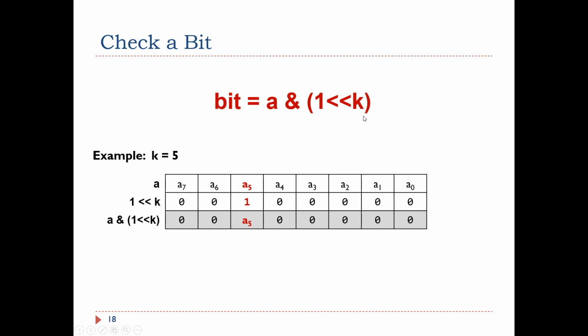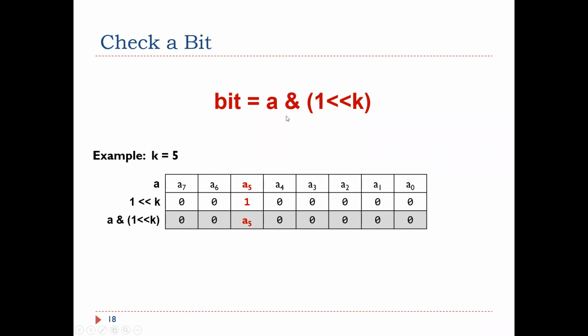Let's follow the example, the mathematical computation that you have to do here. At first, we have to left shift 1 by 5. If you do that, you get an 8-bit value representing 0, 0, 1, and there will be 5 trailing 0s for the 1 left shifted by 5.